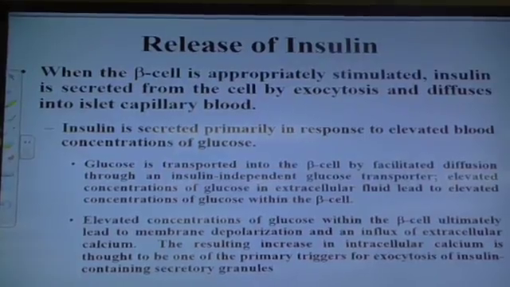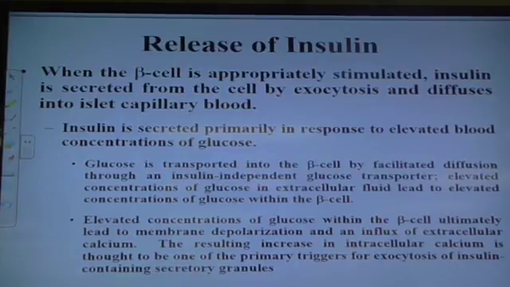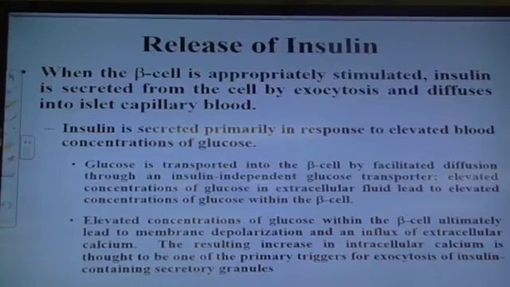No, so it's a facilitated diffusion method, and elevated concentrations of glucose in the extracellular fluid cause elevated concentrations of glucose within the beta cell. When that glucose comes into the cell, it also activates the calcium pump to pump calcium into the cell from the blood. And so you can get it ready to secrete the insulin.